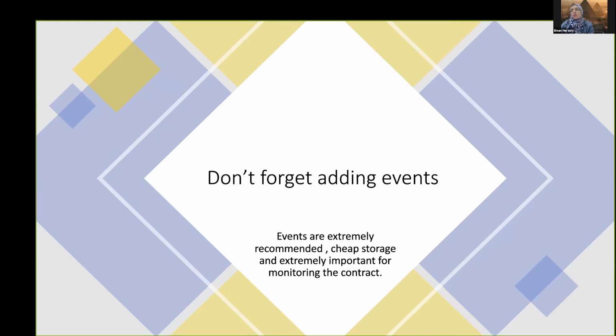Most of the usage of events is for monitoring and for off-chain DApps or data sources, for example if there is an oracle listening to this contract. So any data you don't need to actually check in the smart contract, you can store in your events, which, as I have mentioned, is very cheap storage.